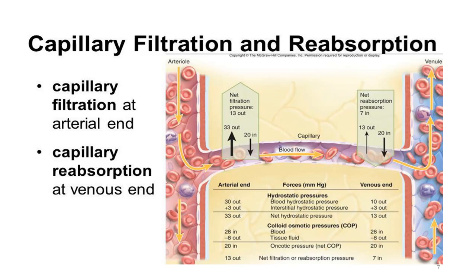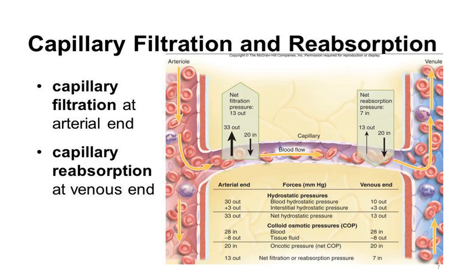We have two kinds of capillary end, and we want to discuss capillary filtration and reabsorption in this slide. Imagine that arterioles end in capillaries. The blood pressure of arterioles is about 30 millimeter of mercury. So this pressure should go inside the capillaries.